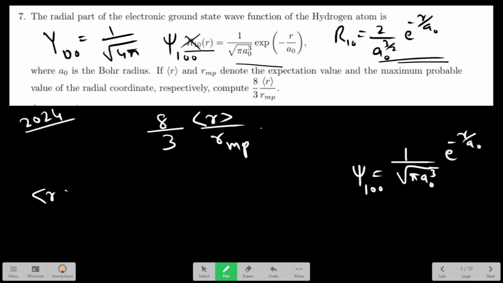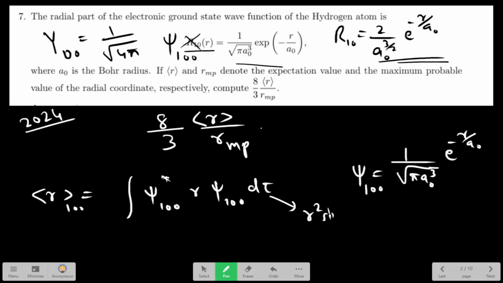The expectation value of R is defined, with respect to the 100 state, as psi 100 star R psi 100 d tau. D tau is the volume element. D tau is equal to R square sin theta dr d theta d phi.